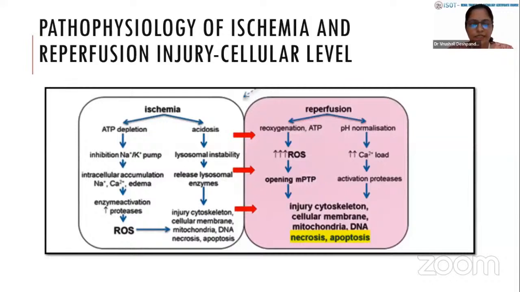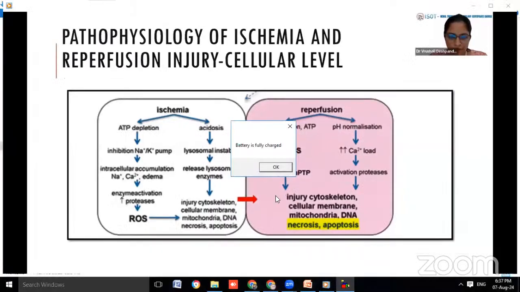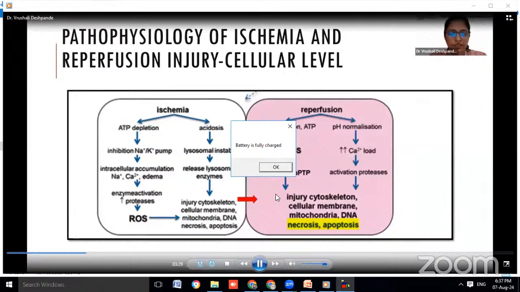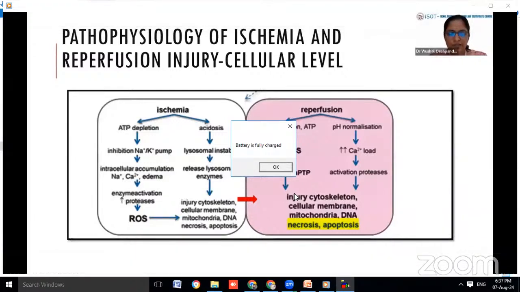ATP is required for maintaining cellular homeostasis. It is required for operation of different ionic pumps. And as the ATP is depleted, there is inhibition of the sodium-potassium pump. There is retention of sodium in the intracellular compartment with subsequent cellular edema. And this increases the chances of enzymatic activation and cellular lysis.